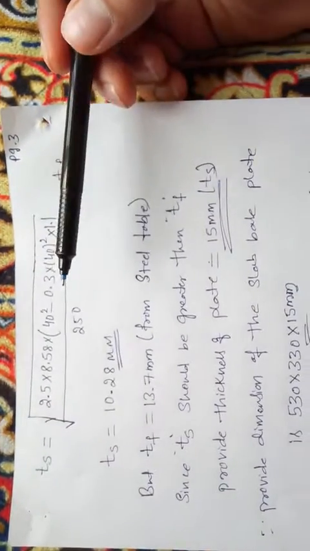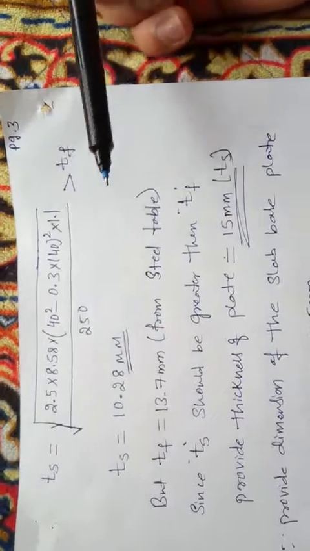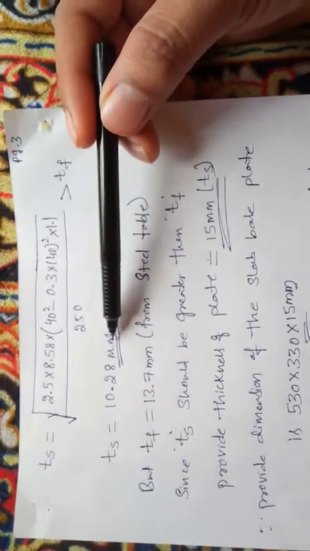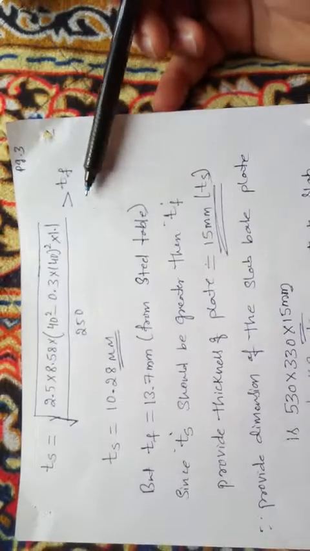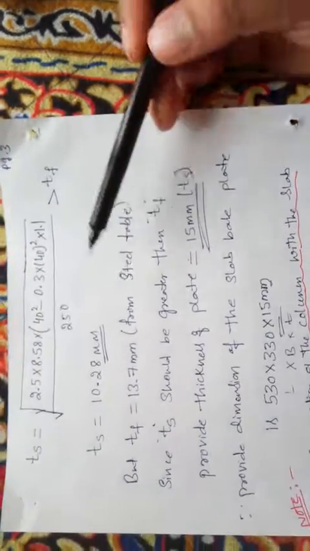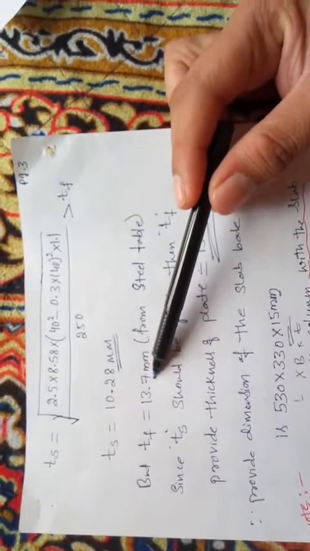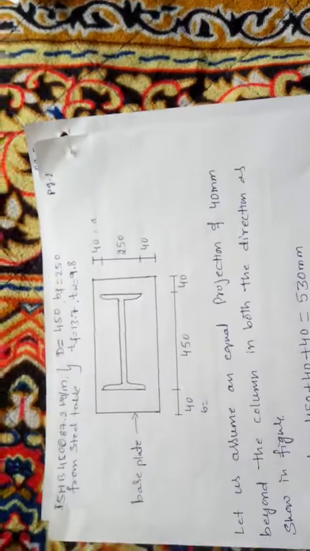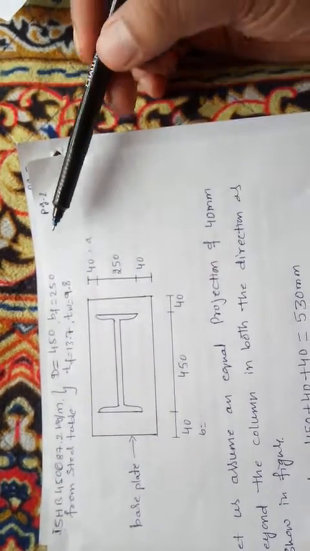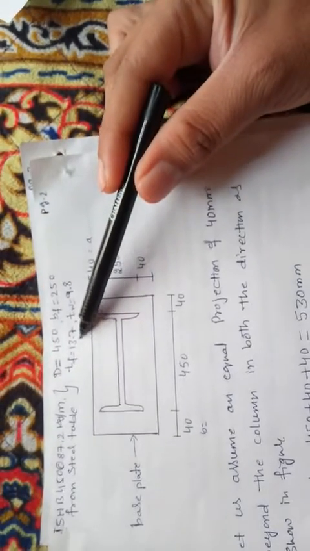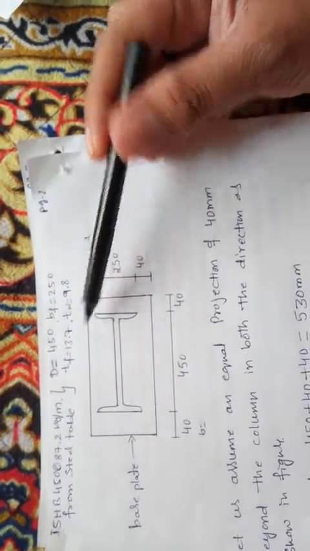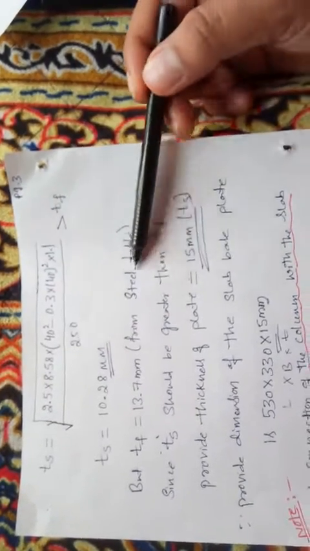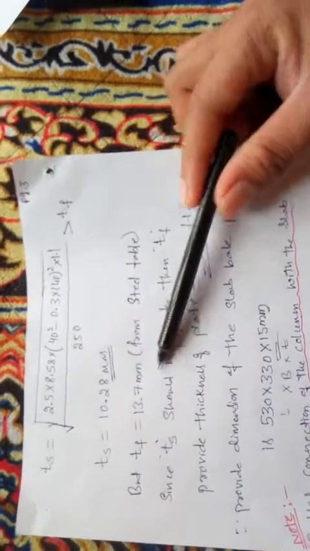After that you can calculate, and you will get 10.28 mm, but it should be greater than the thickness of the flange. The thickness of the flange is 13.7 mm for our given section. Here you are getting the thickness of the slab as 10.28, but from the steel table the flange thickness is 13.7 mm.